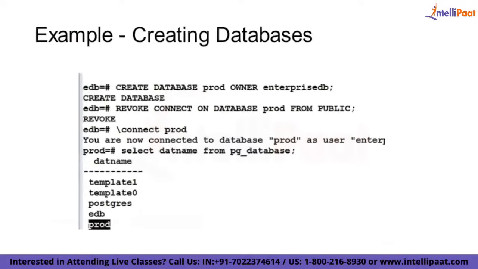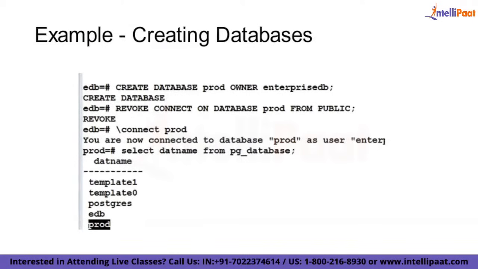Here you can give CREATE DATABASE name OWNER enterprisedb, and REVOKE CONNECT ON DATABASE prod FROM PUBLIC. By default, when you create a database, there will be public permission on this database to connect. What does that mean?